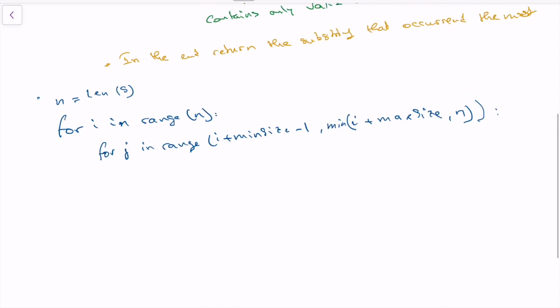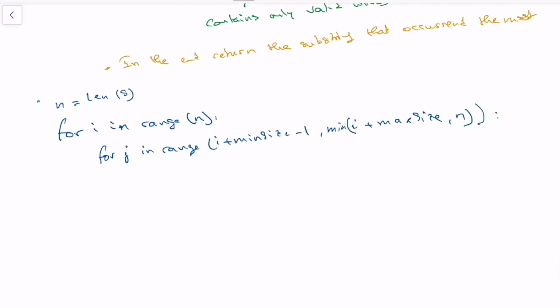Okay, so now at this position, we know that s[i:j+1] is valid for rule 2, because that's literally the construction that we did.